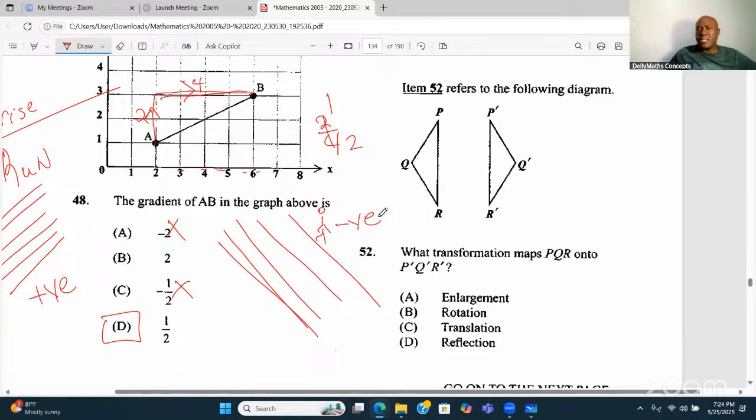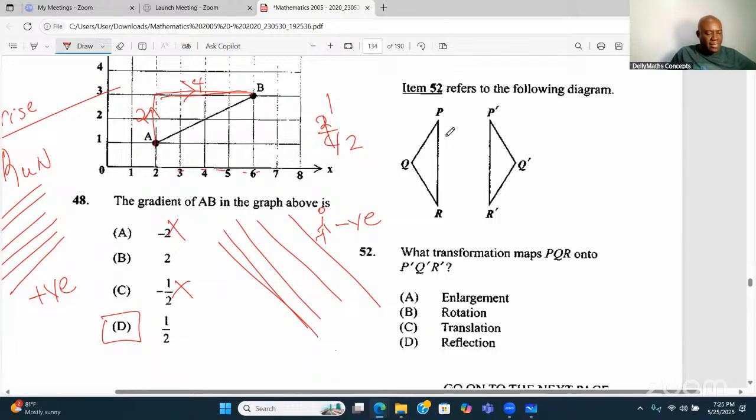So 52 is saying, hey, what transformation, right, maps P, Q, R onto P prime, Q prime, R prime? Take a look at it. What's going on here? So you want to run all of those transformations in your brain. Is it a translation? Is it a reflection? Is it an enlargement? Is it a rotation? What is it? You take a look carefully.